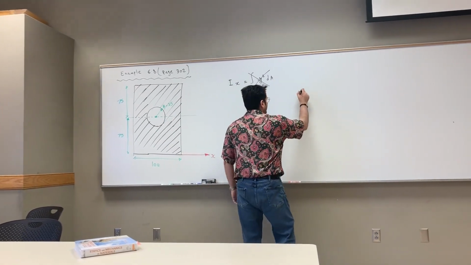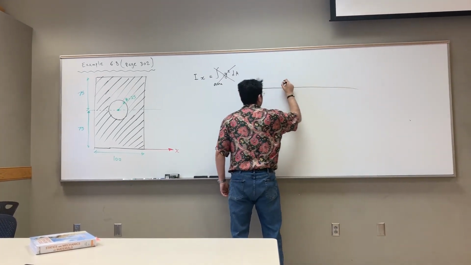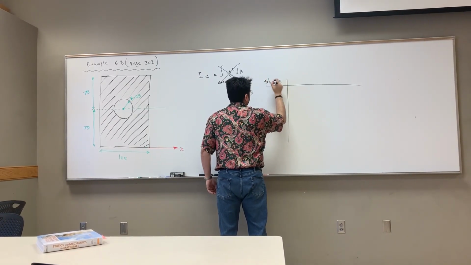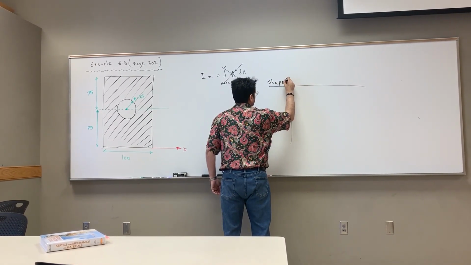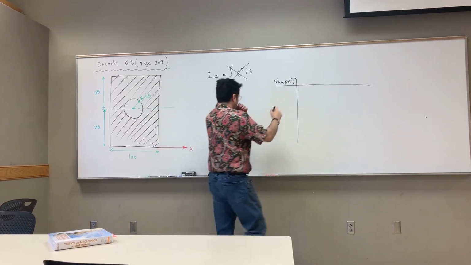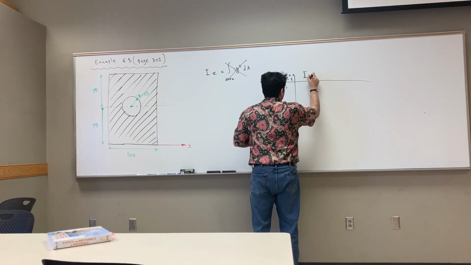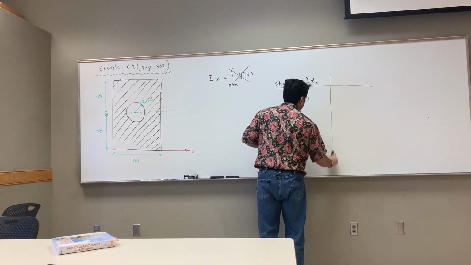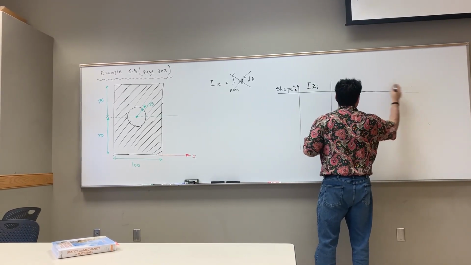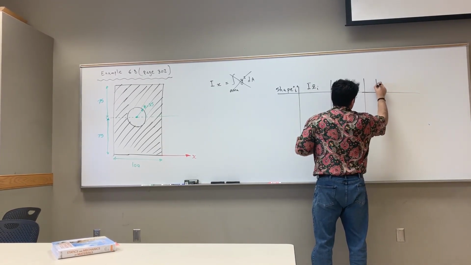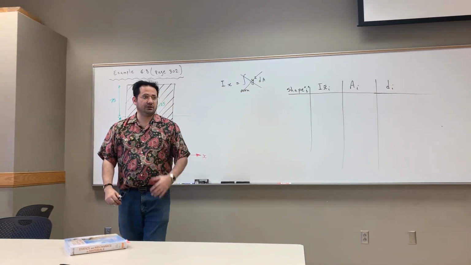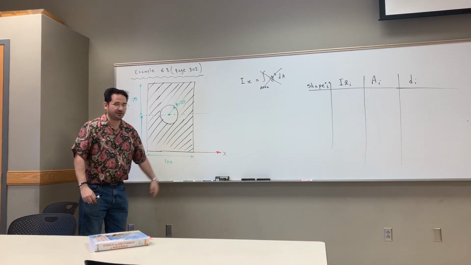So I make my table here, shapes. Let's say shape i. For shape i, I have I x bar i, area i, and then d i, the distance that we shift the local centroid to the x-axis.